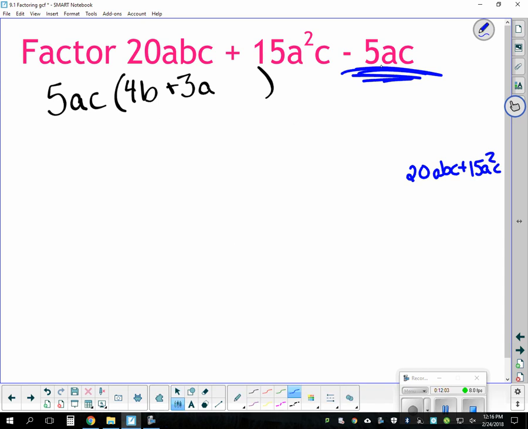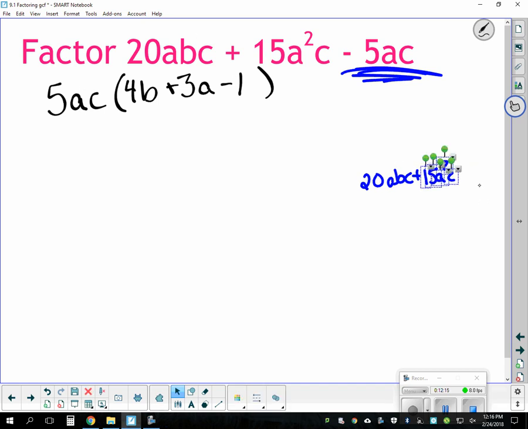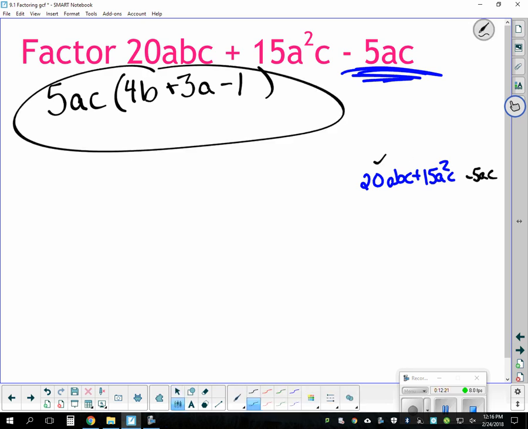So negative 5ac divided by 5ac is negative 1. And then if you were to continue distributing 5ac times negative 1, you would get your negative 5ac. So that was your check. This is your answer. Hopefully that makes sense to you.